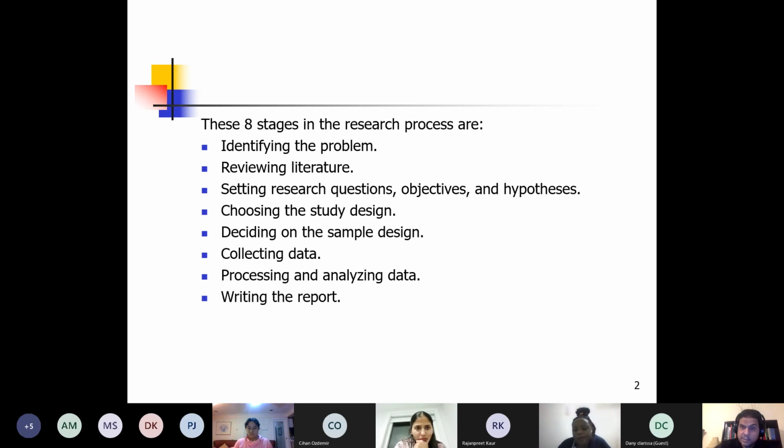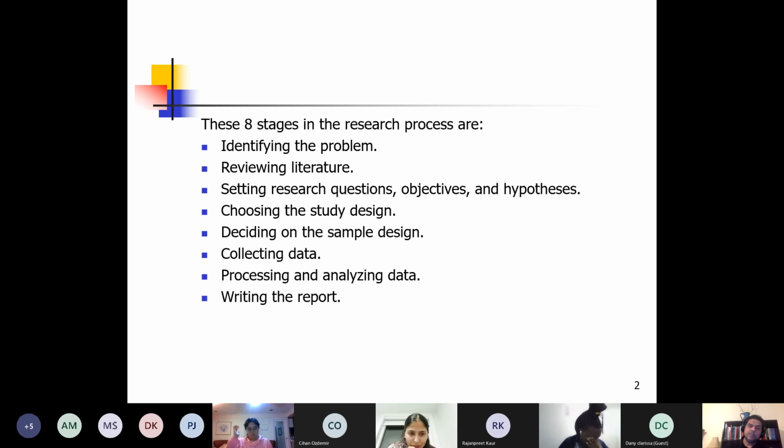Okay? So you need to decide which type of data, quantitative or qualitative, and then you need to decide which type of tools you need to use in order to get the quantitative, which type of tools you need to use in order to get the qualitative.